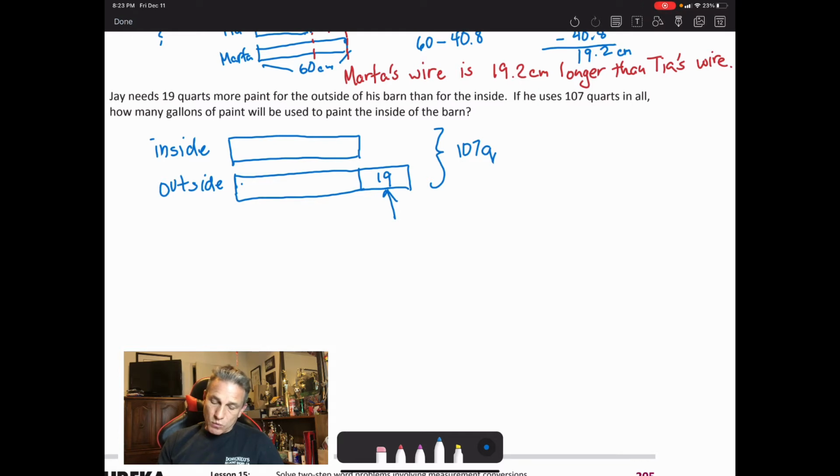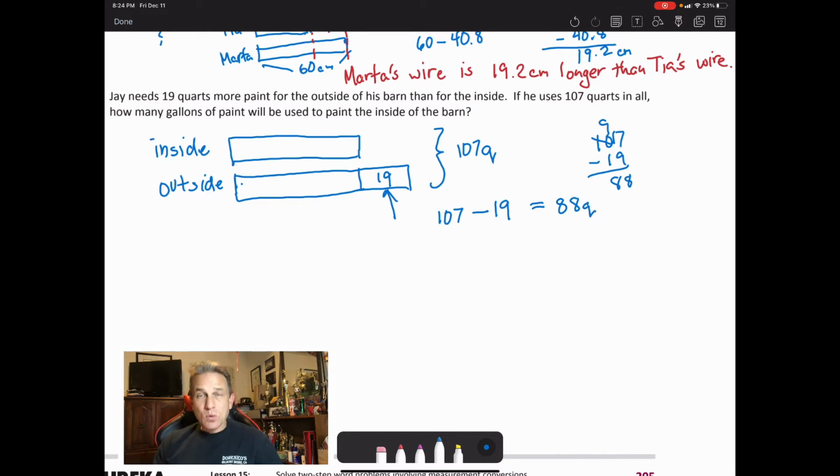So I'm going to take 107 quarts of the total, subtract 19 quarts, and that will leave me with 88 quarts.